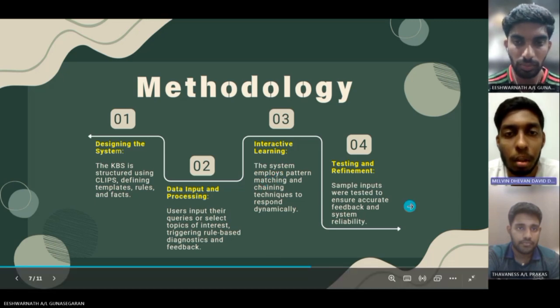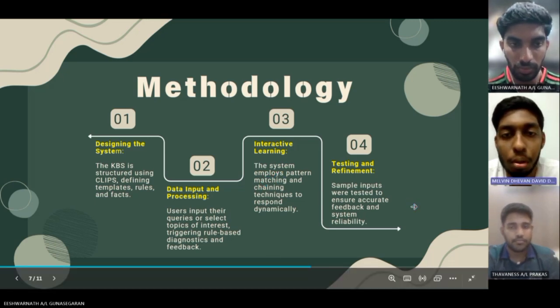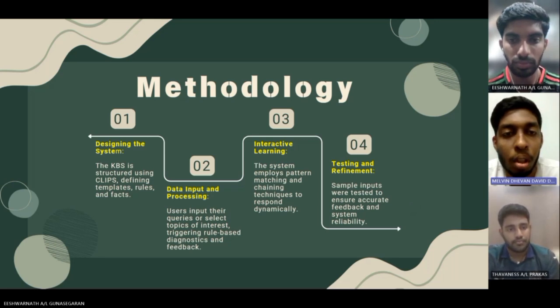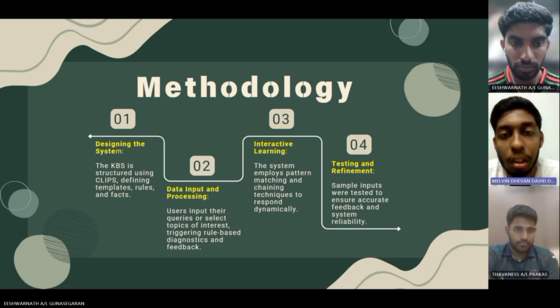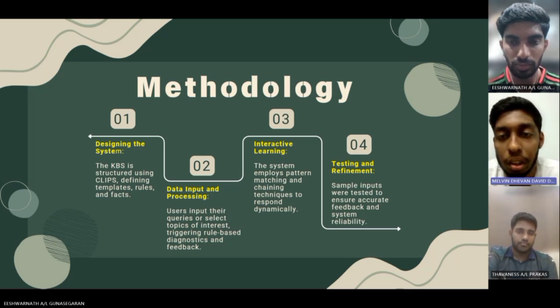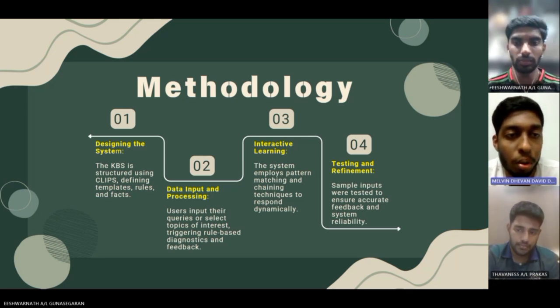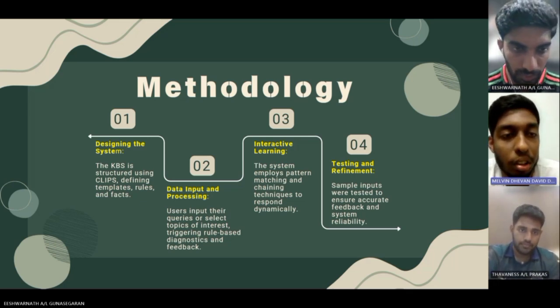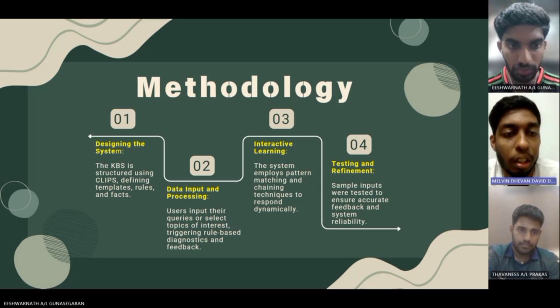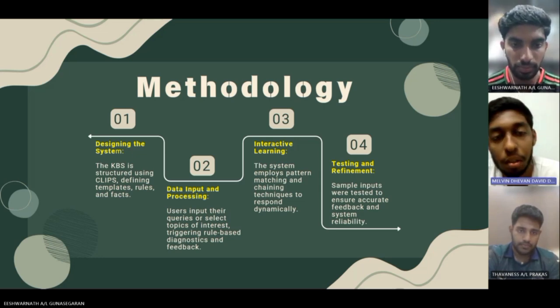So for the methodology, we have also 4 subtopics, which is designing the system, data input and processing, interactive learning, and also testing and refinement. For designing the system, the KBS is structured using CLIPS, defining templates, rules, and facts. For data input and processing, users input their queries or select topics of interest, triggering rule-based diagnostic and feedback.